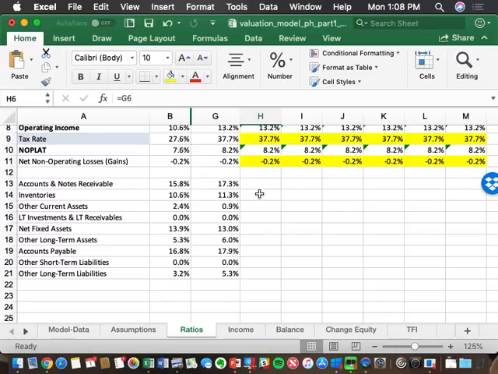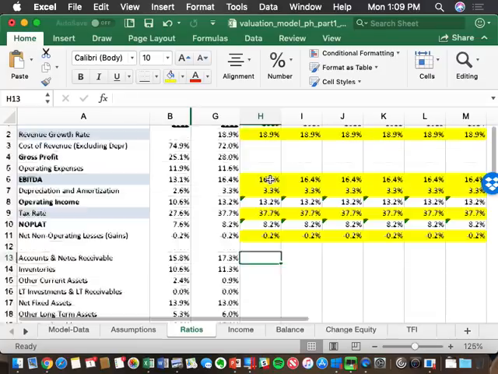That is academically true. However, for simplicity, we're going to tie everything to sales, and you're going to find there's an elegant benefit to doing that in our valuation. We're tying all these 9 balance sheet ratios to sales.